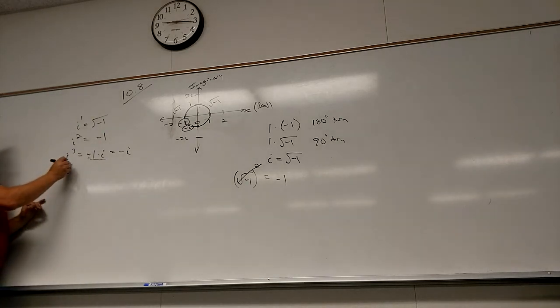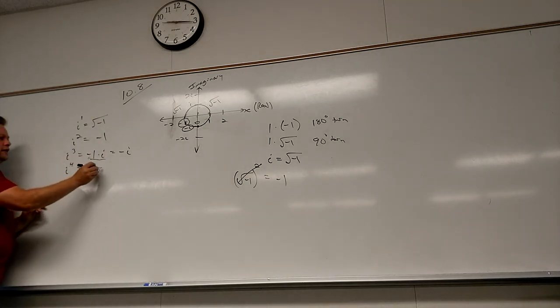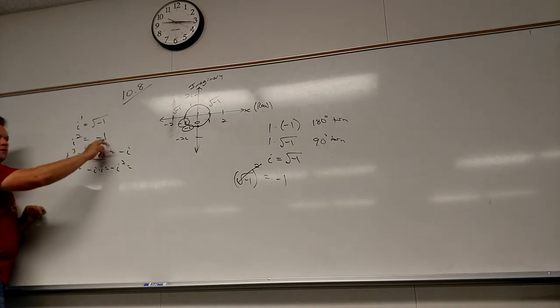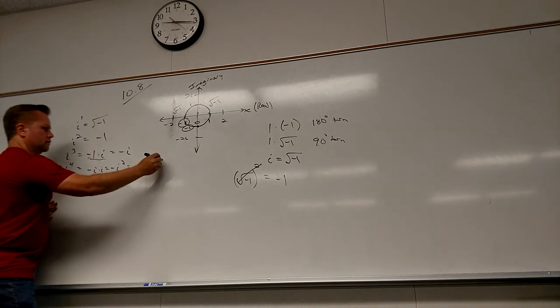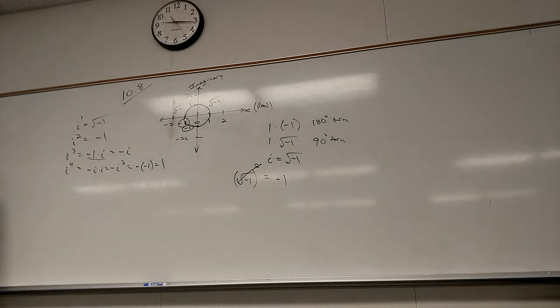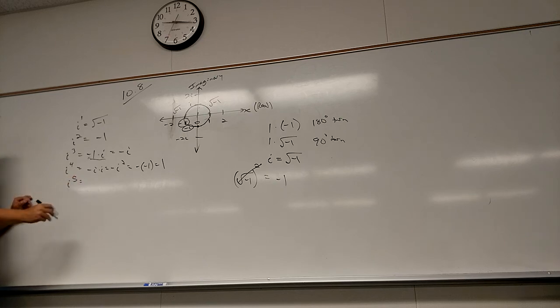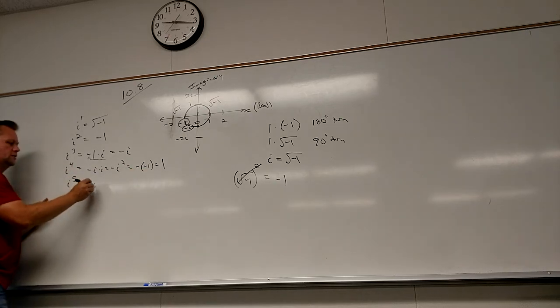Back to 1, because i to the fourth would be negative i times i. Negative i squared, what's i squared? Negative 1, so it's 1. So those are all the possible values that any power of i could have. What would i to the fifth be? It would be i to the fourth, 1, times i. It's i again.